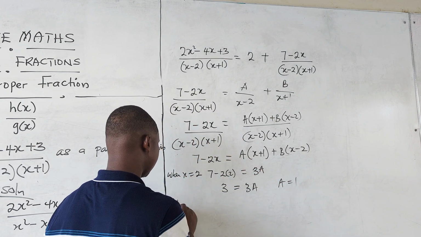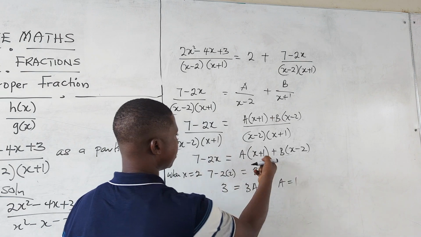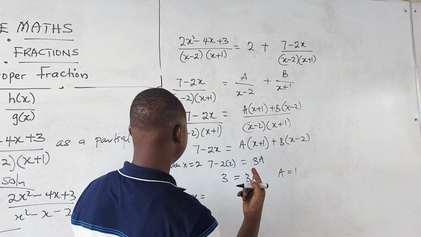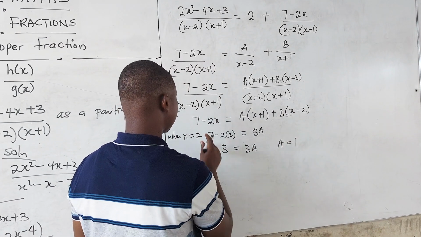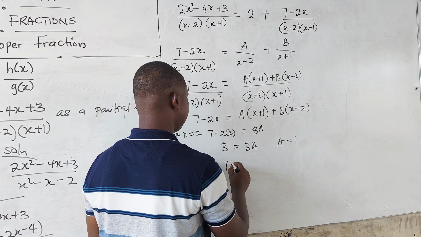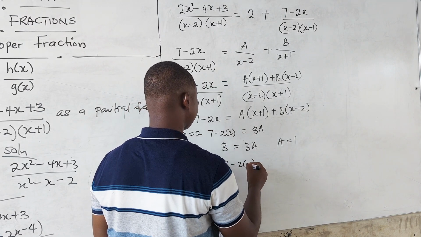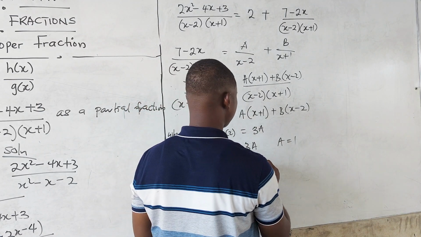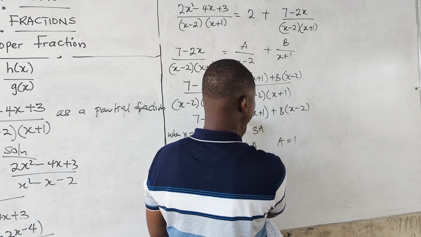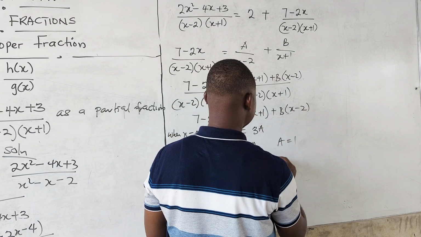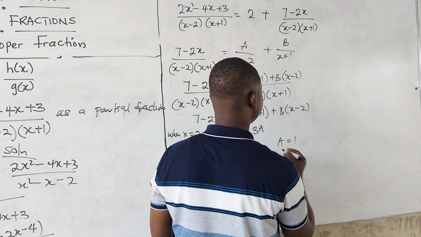Then when x is equal to negative 1, 7 minus 2 times negative 1 is equal to, this one is 0, so negative 1 minus 2 gives minus 3B.